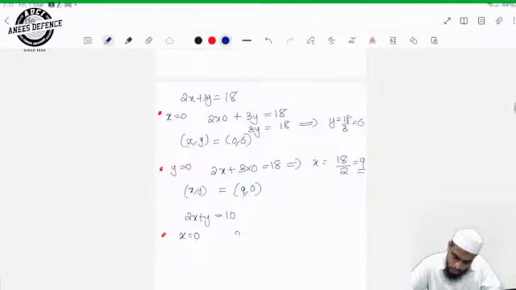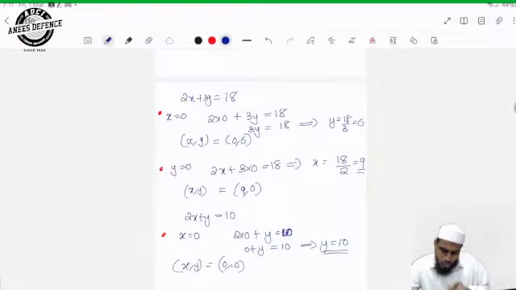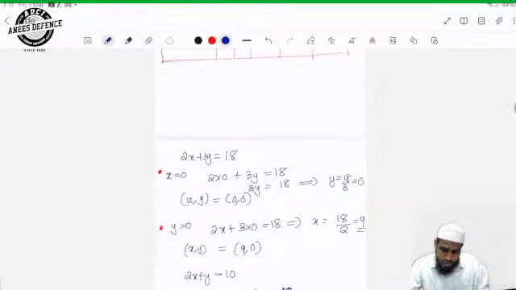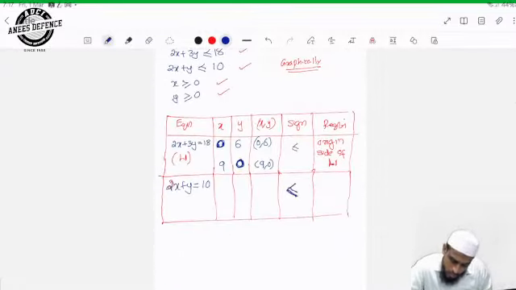So you get 2 into 0 plus y equal to 10, so 0 plus y equal to 10, which means y equal to 10. So when x is 0, y is 10. Therefore, our coordinate is 0 comma 10.